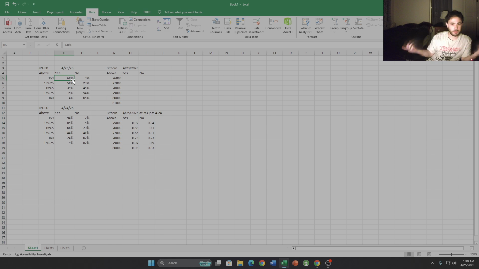So let's say 158 or 158.75 on the 23rd or 22nd was 70 something percent, visually speaking. But there's no market for it because yen was probably sitting at that already. And it has this normal distribution across whatever price points.